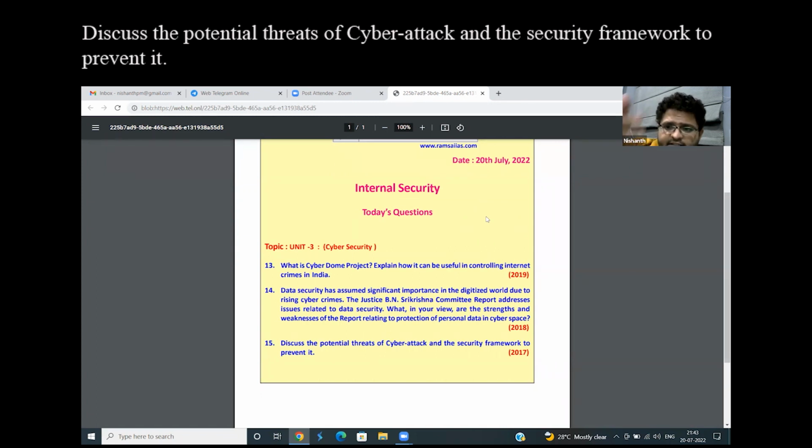You can write the example of the Cyber Dome project from the third answer. We can have the Cyber Dome project, and then empowering MEITY through CERT, the Computer Emergency Response Team of India.